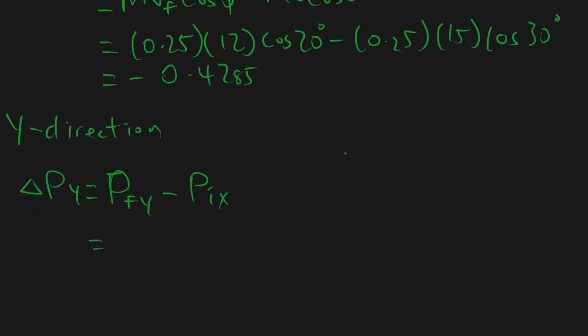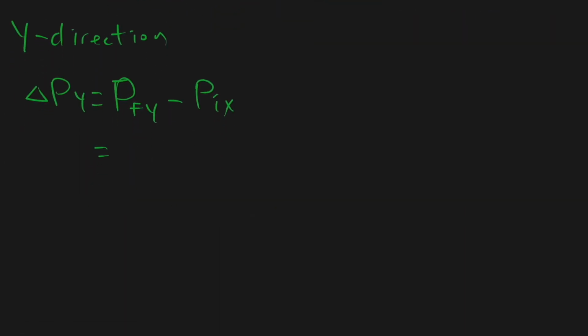So it's mvf sine phi minus the initial momentum, which has a negative sign, so minus negative mv sine theta.